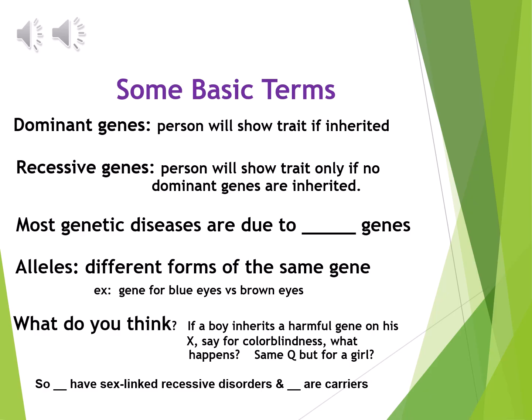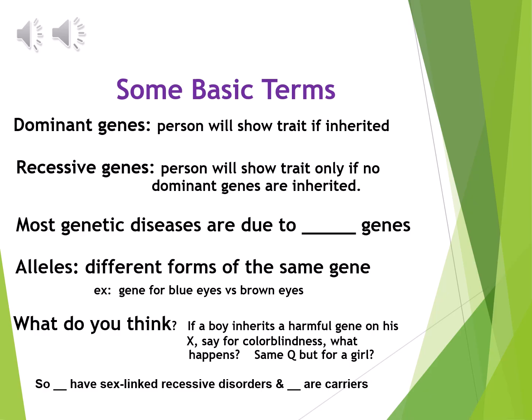We'll assume that if her parents aren't related closely, if they didn't meet at a convention for colorblind people, chances are extremely high that she inherited a normal, dominant, typical gene for color vision. So she'll have normal color vision, but she's a carrier.